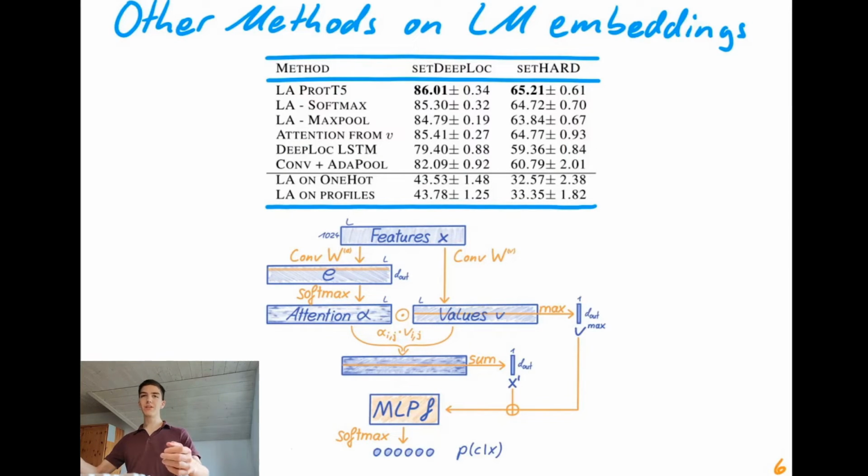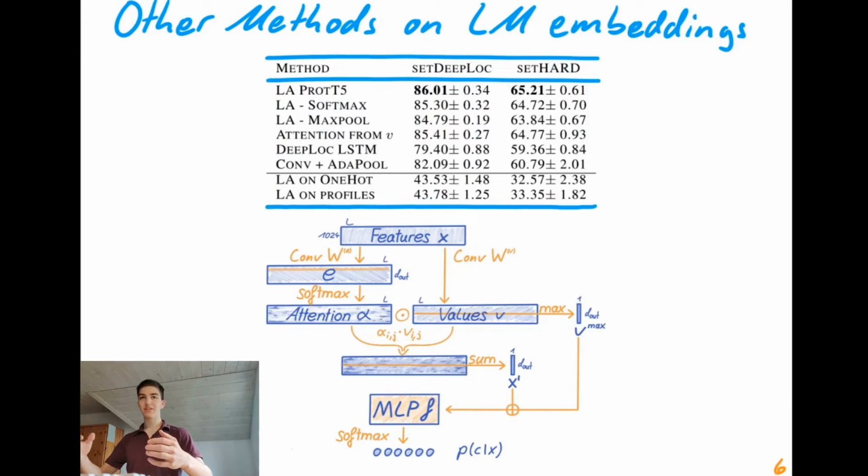Now let's have a quick look at what happens if we use other methods on our language model embeddings. For example, if we use the LSTM of the previous state of the art over here, we can see that the accuracy really drastically drops. And this is the case because the LSTM just immediately overfits.